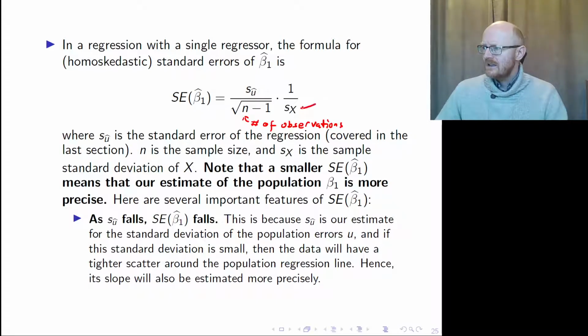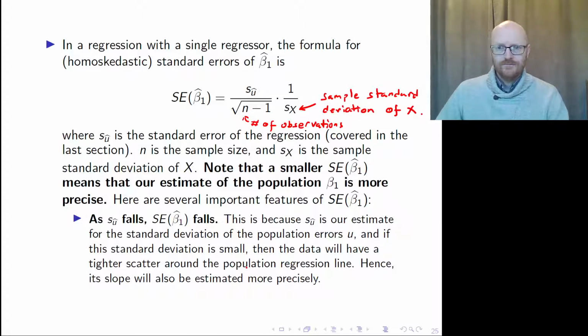The Sx is just the sample standard deviation of the x variable, which is simple to get, right? You just type in, give me the sample standard deviation of the x variable, and you get a number.